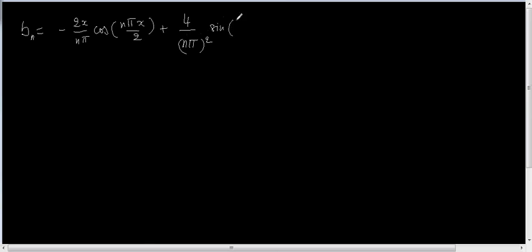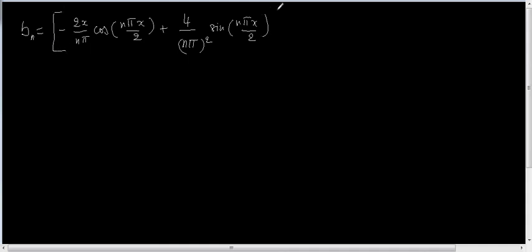So finally Bn will be minus 2x over n pi cosine n pi x over 2 plus 4 over n pi squared sine n pi x over 2.